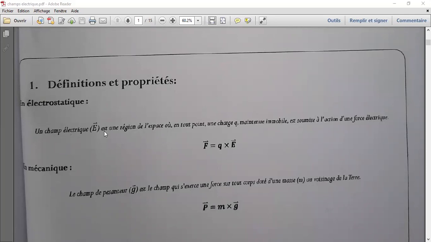So a champ electric is caused by one particle, and this is the particle whose force we're going to calculate, which is exerted on another charged particle.